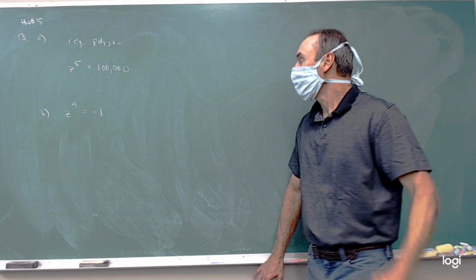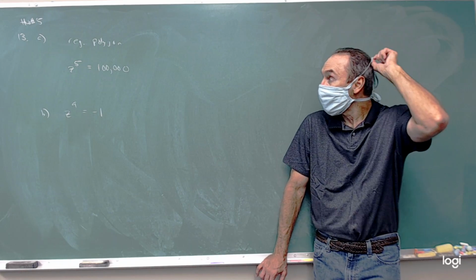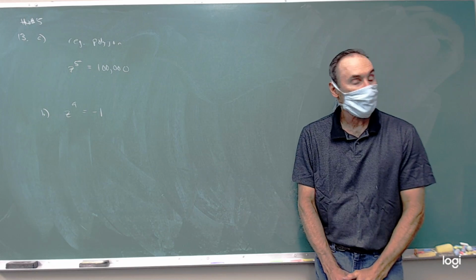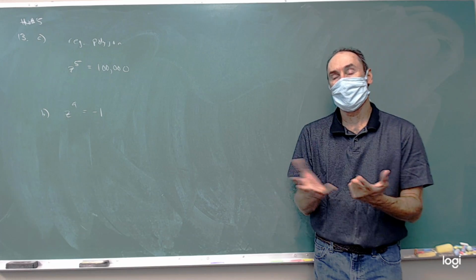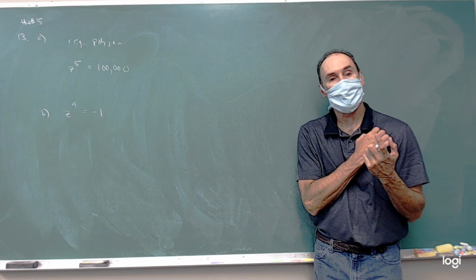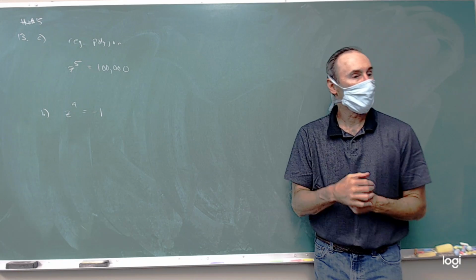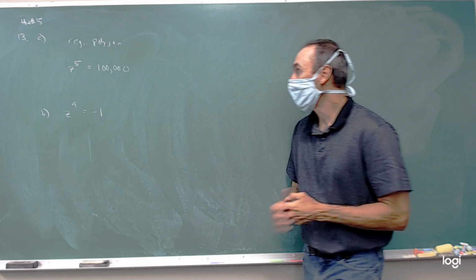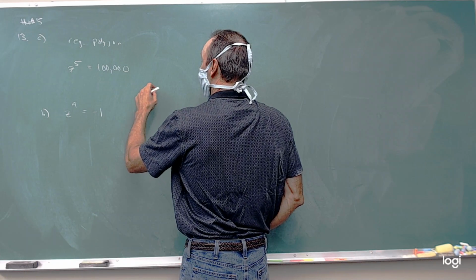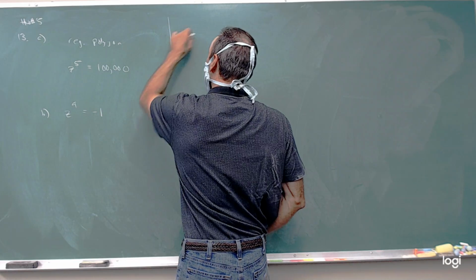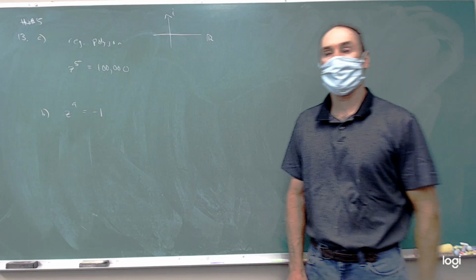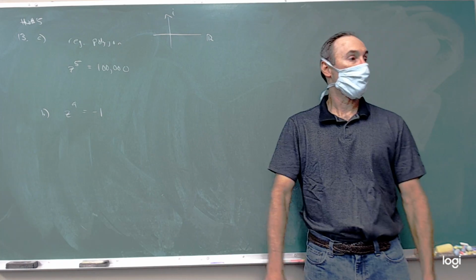So I don't know how much they want you to do there in terms of actually doing the problem, but the description would be something like this. If you write this thing in cis form, I always like to do it visually, because I imagine where you would plot the point 100,000.